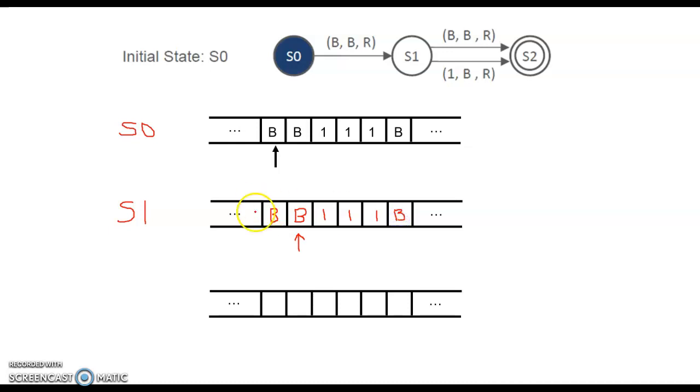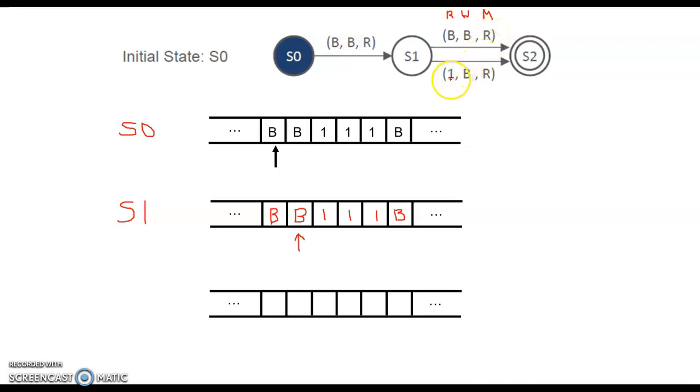So at this point in time, we are now in state 1, and the tape head is pointing at B. But state 1, just to say here, we've got two rules. And remember our structure here, read, write and move. So if we read a B, we're going to write a B, and we're going to move to the right on the tape.